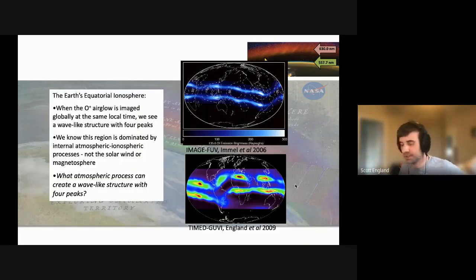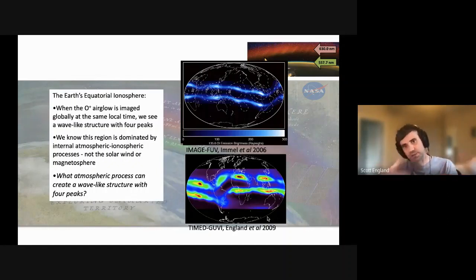So if you take an instantaneous snapshot of that low latitude ionosphere, what you'll see is a signature totally dominated by where is day, where is night, where is my production maximizing. But if you instead control for that and build up an image at a constant local time, in this case just after sunset, and map its structure here shown on the right from two different instruments, you see this kind of structure to it.